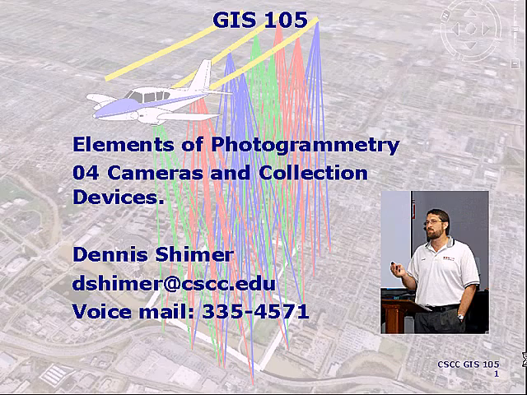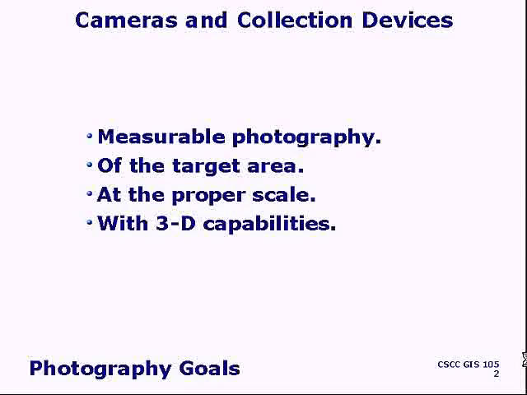Photogrammetry can also be used in medical settings for x-rays, but as I said, in this section we're going to talk specifically about aerial photography. When we are taking aerial photographs, there are a couple of goals that have to be accomplished in order to use them for photogrammetric purposes.